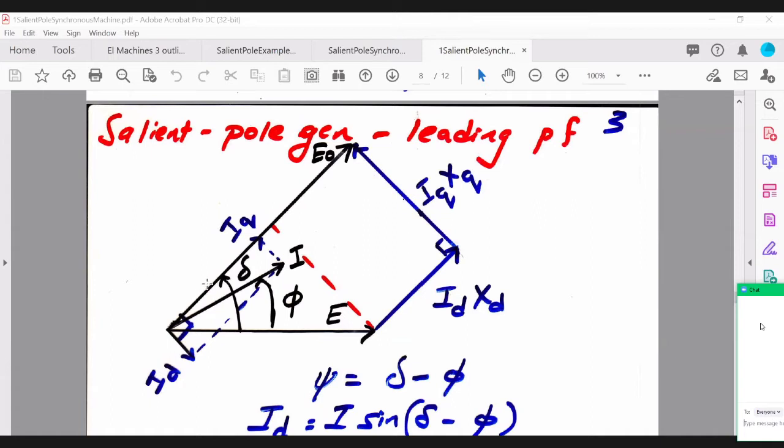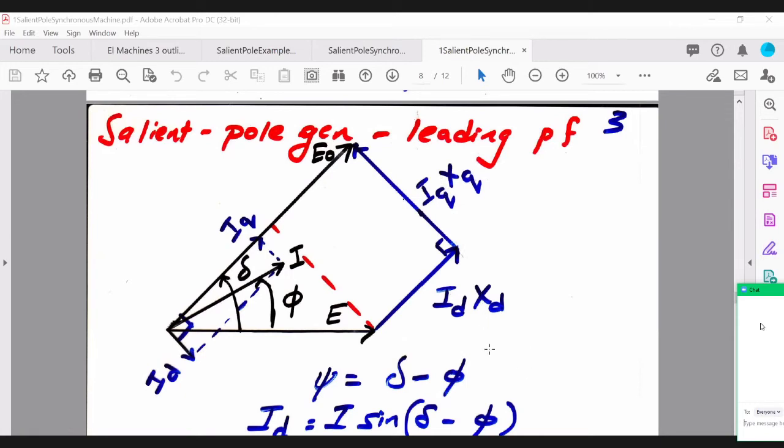You have IQ, which is along E naught, and ID, which is perpendicular to IQ, right? And those two currents basically give you the two voltage drops, ID XD and IQ XQ. Obviously, as I said, ID XD will be parallel to IQ, right? And IQ XQ is basically parallel to ID due to the j operator in each of them.